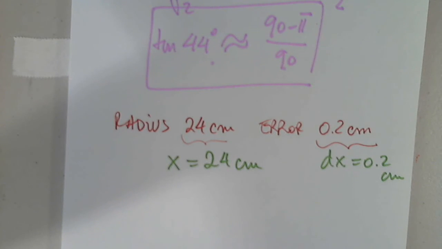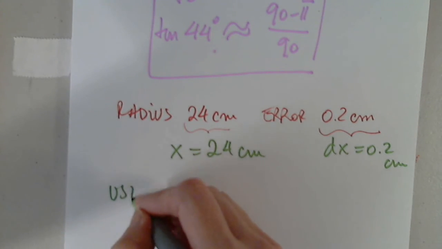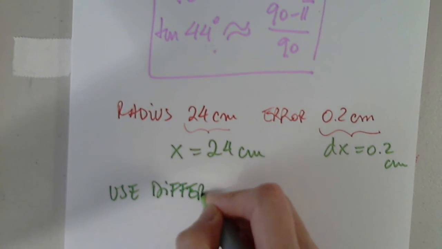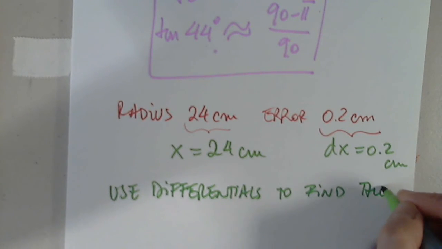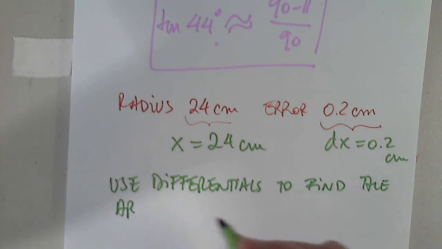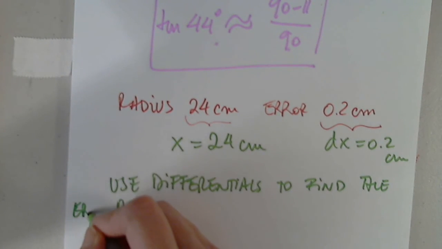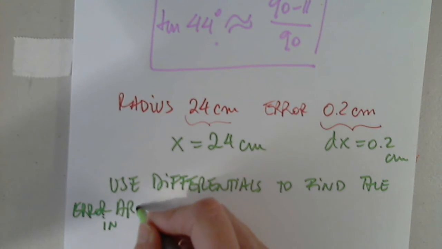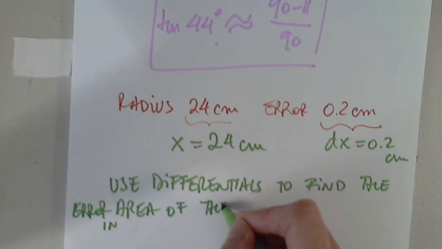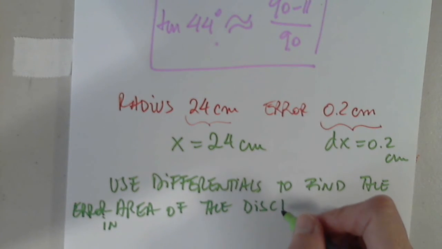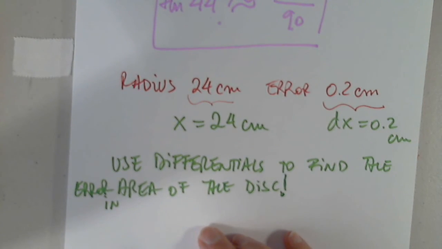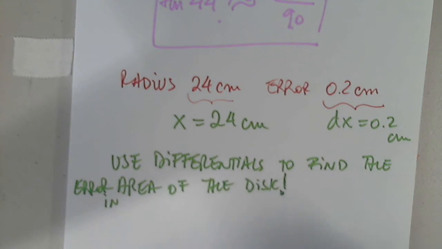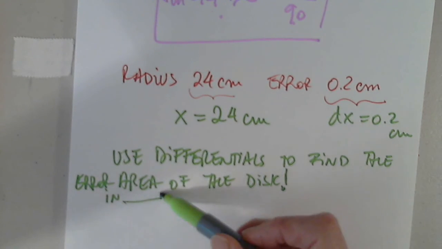Moving on. Use differentials to estimate the maximum error in the calculated area of the disk. Use differentials to find the error in area of the disk. Now, what I would like to discuss is, what is the area?